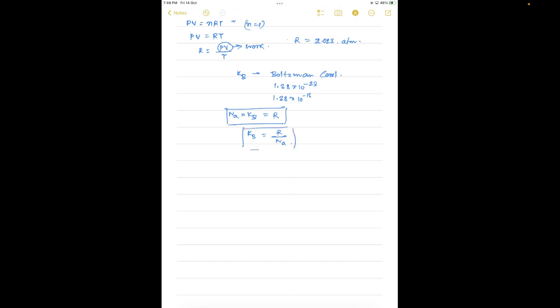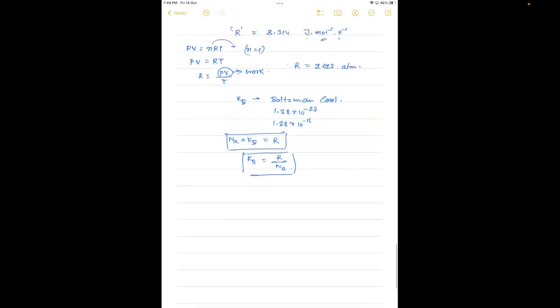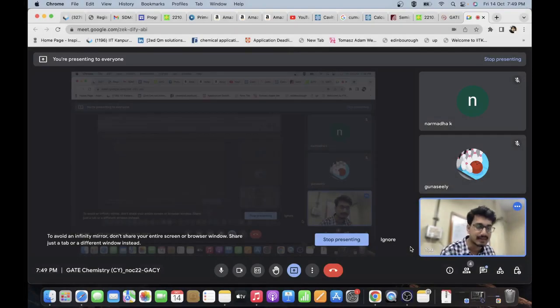So you have to be careful where KB is mentioned or where R is mentioned. To get KB, you divide the gas constant R by 6.023 times 10 to the power 23. Okay, now anything you can ask.